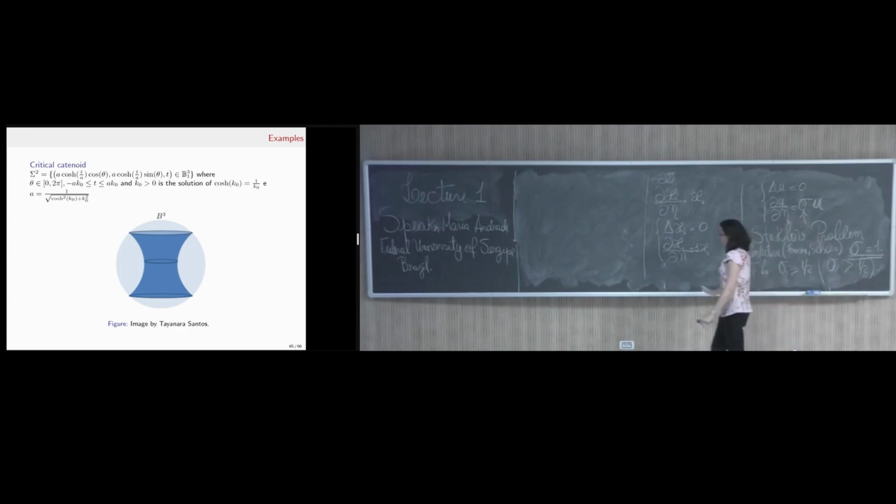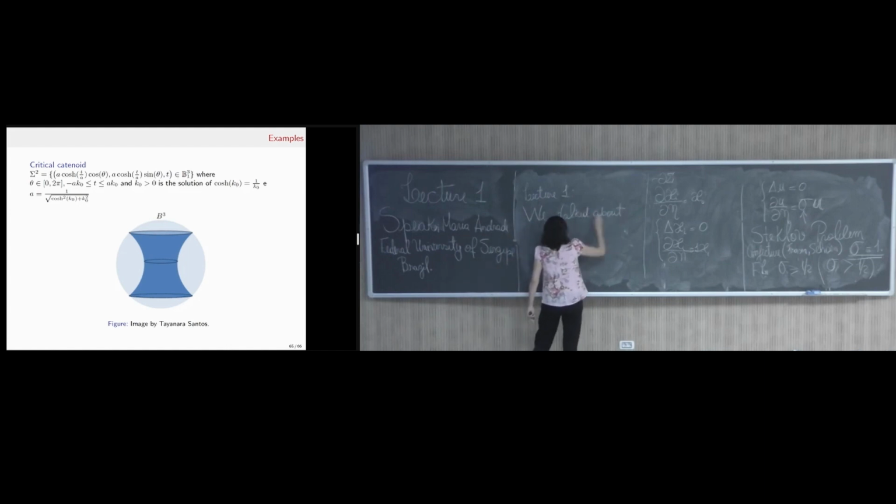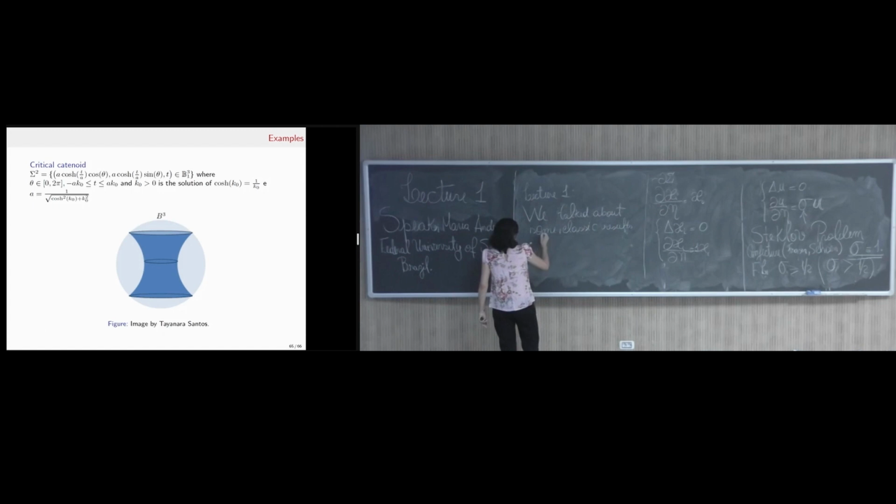So today, to finish this lecture, remember that in lecture 1 we were talking, in fact, about some classic results, and I began a little about free boundary minimal surfaces and Steklov surfaces.